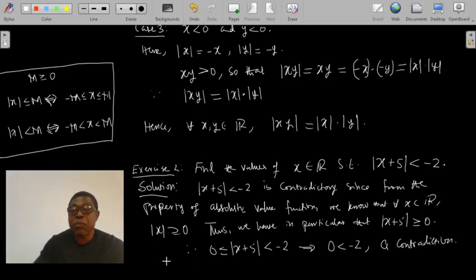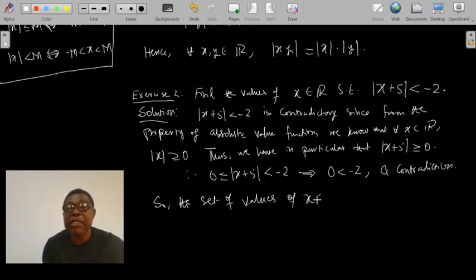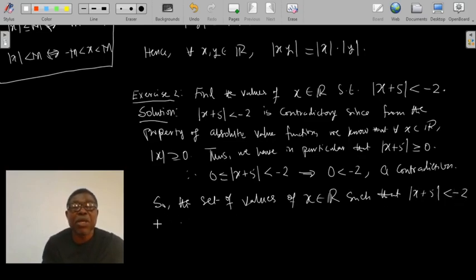Therefore, the set of values of x in R such that absolute value of x plus 5 is less than minus 2 is empty.